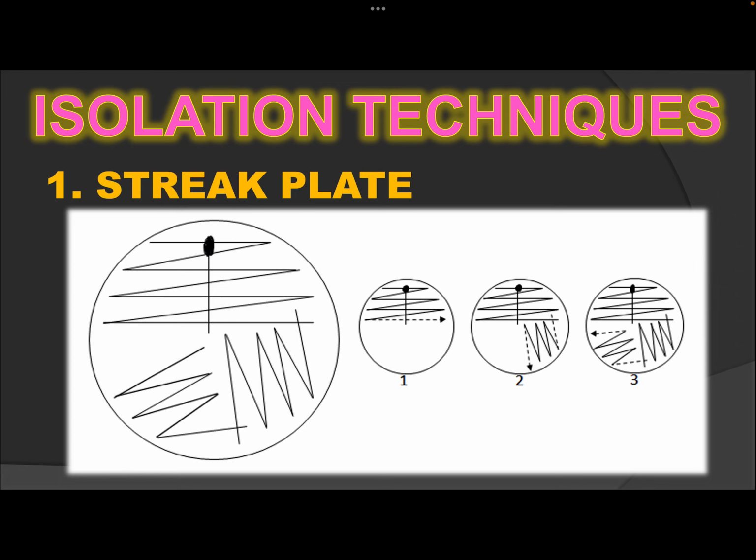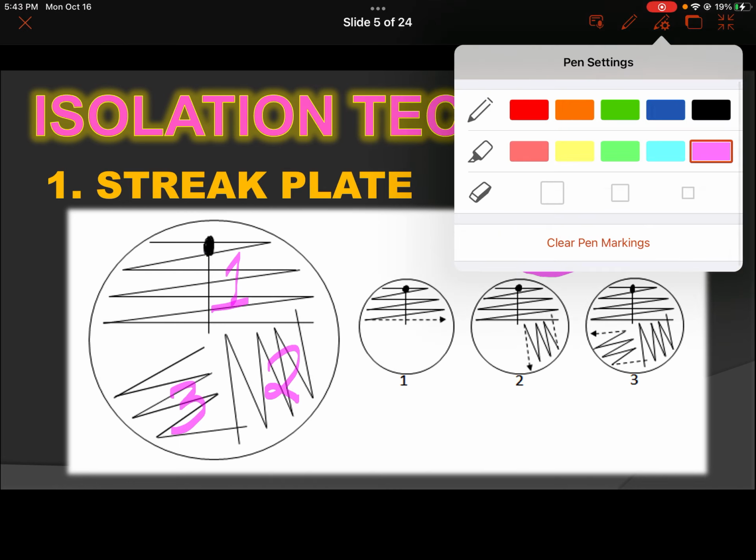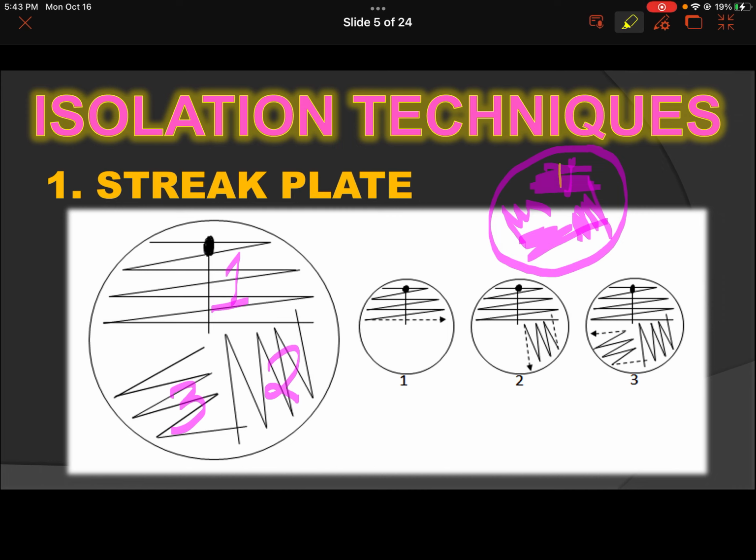So in this illustration, you can see that you have here the first streak, the second streak, and the third streak. Sometimes, class, there are techniques where you can see 4 quadrants, such as this one. So you have here another one in this case, this one, and lastly this one. This is the first quadrant, second quadrant, third quadrant, and fourth quadrant.